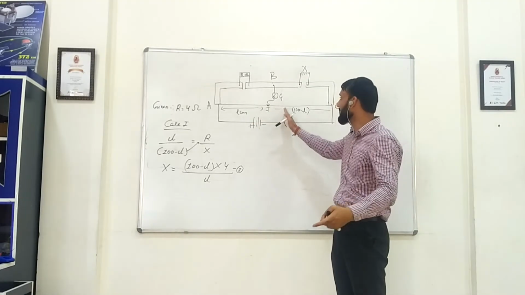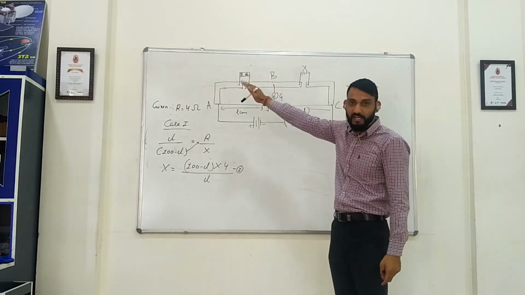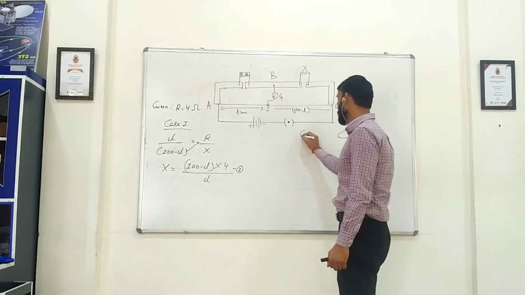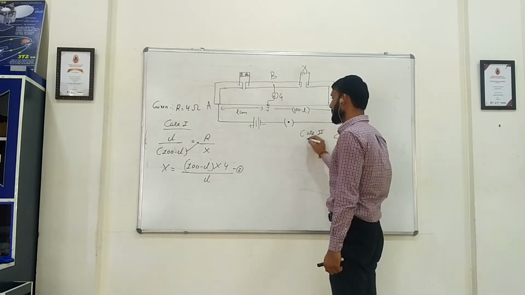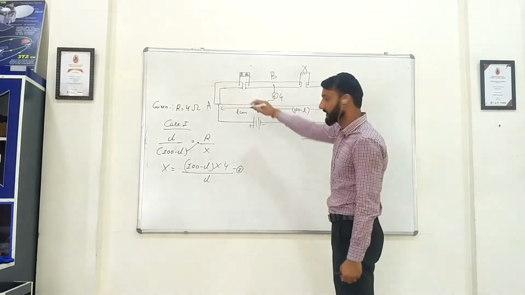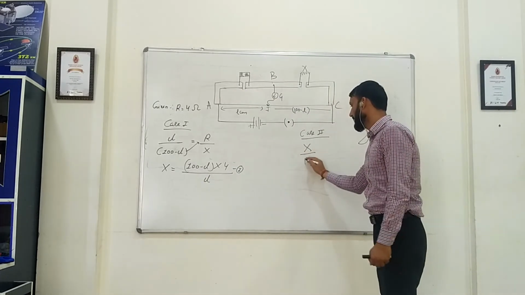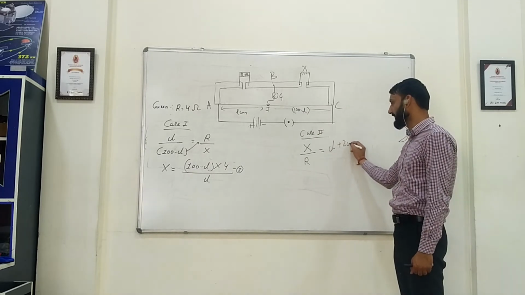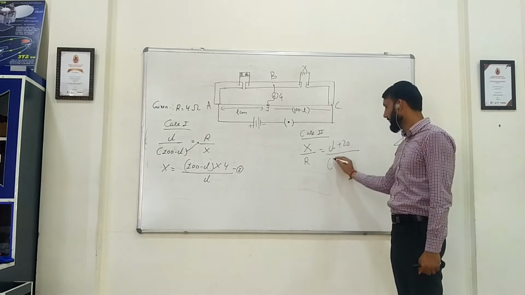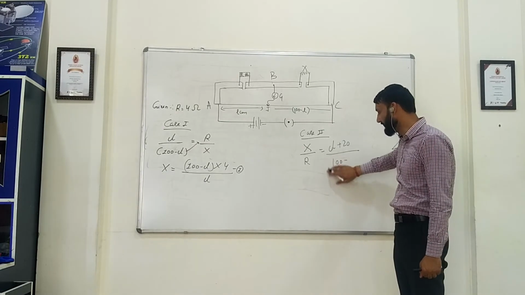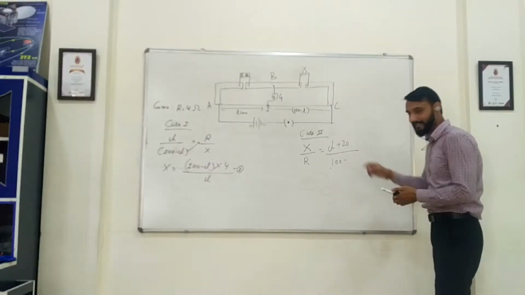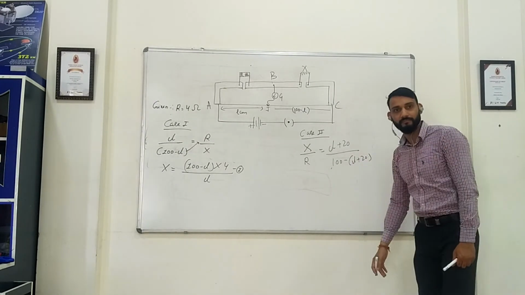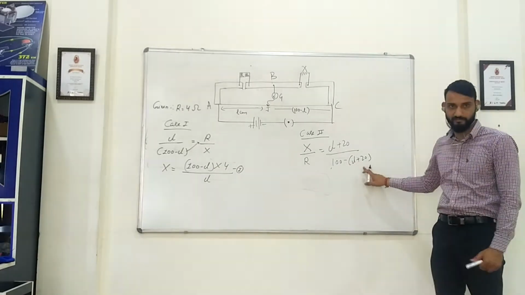It increases by 20 centimeter when these two are interchanged, and they want you to calculate the value of X. So case 2 would be, they are interchanged, so X upon R equals the new balancing length, L plus 20, upon 100 minus L plus 20. This is L, 100 minus L.